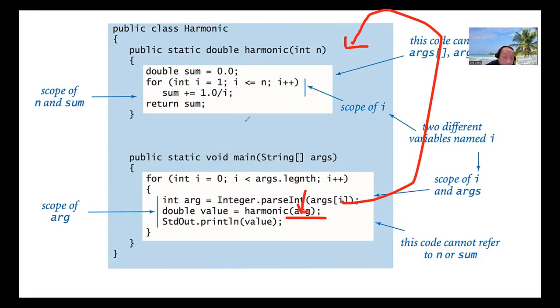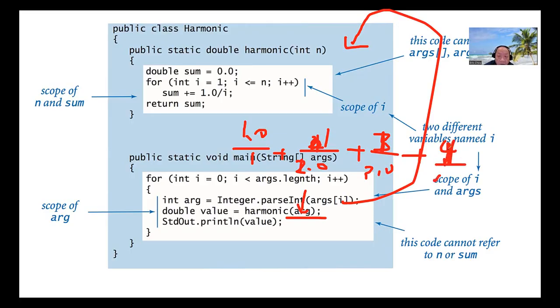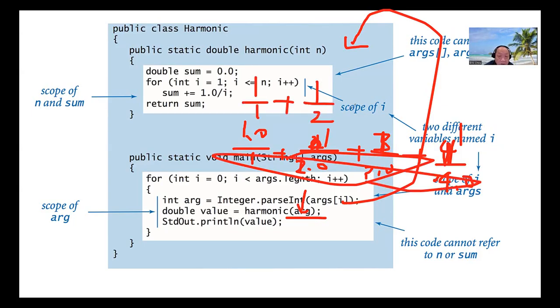Actually, it is 1 over 1 plus 1 over 2 plus 1 over 3 plus 1 over 4, up to 1 over n.